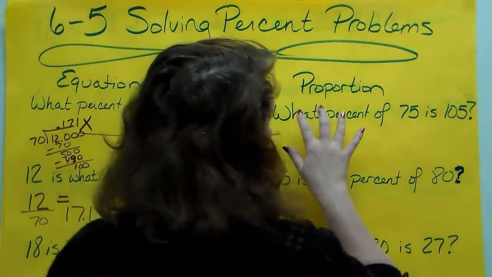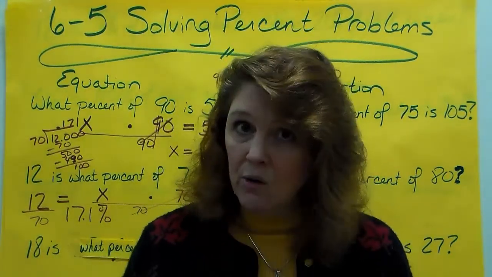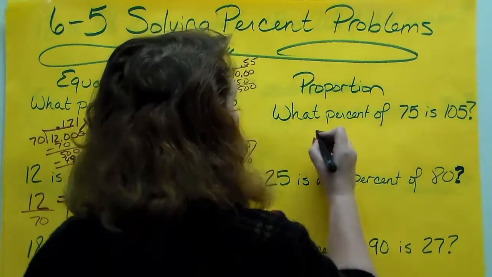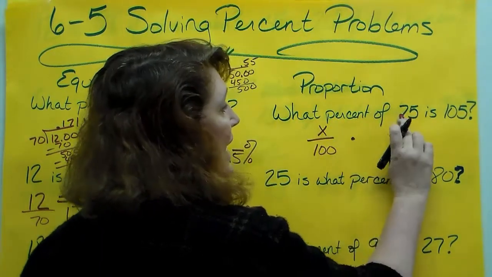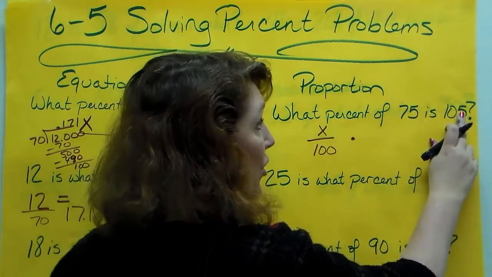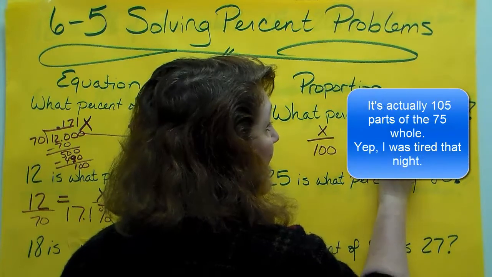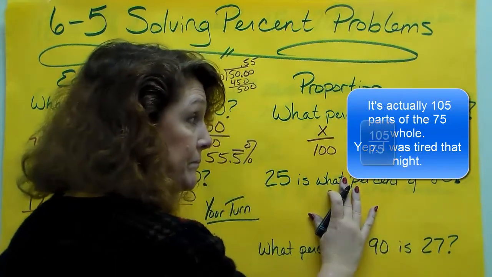Now we're going to try the proportions. So, what percent? The percent is the part that we don't know. And the percent is the number over 100. So that's where our x is. Our x is over 100. And this is our part to the whole. So I've got 75 parts to 105 whole.